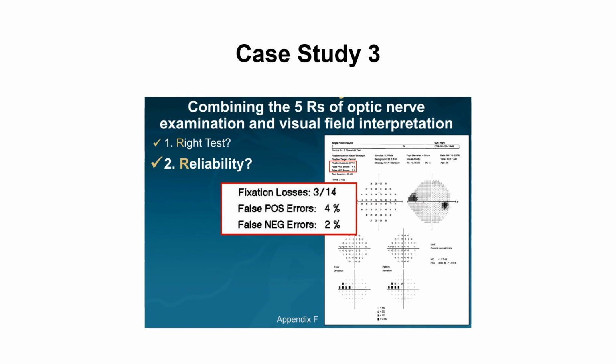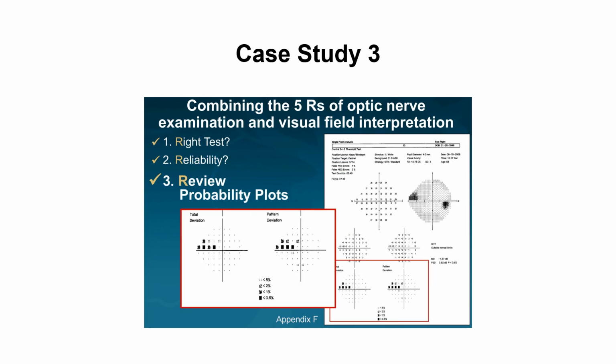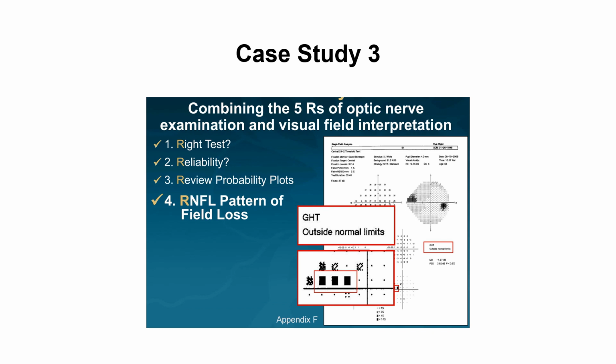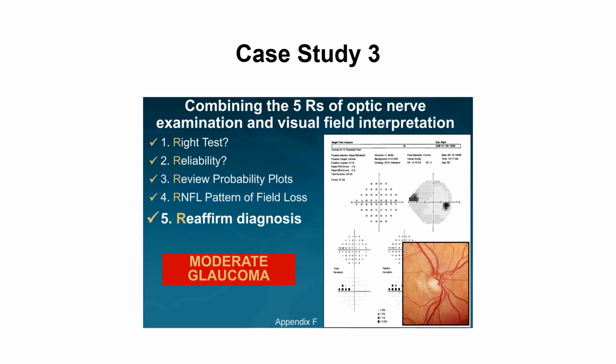You will see that this test is reliable. Then you will review the probability plots, both the total deviation and pattern deviation. You will see a nasal step. You will review the retinal nerve fiber layer pattern and see a nasal step along with the glaucoma hemifield test outside the normal level. So this is moderate glaucoma, combining both the optic nerve examination and the visual field.